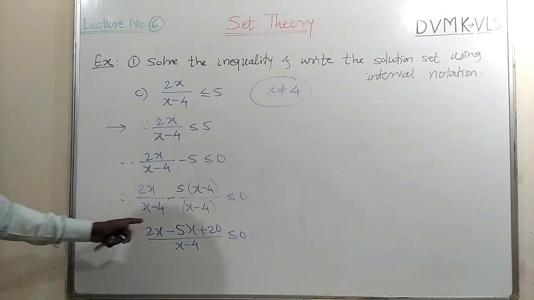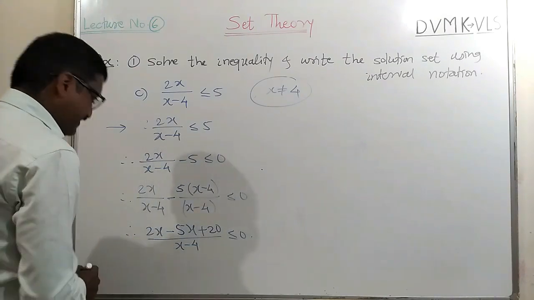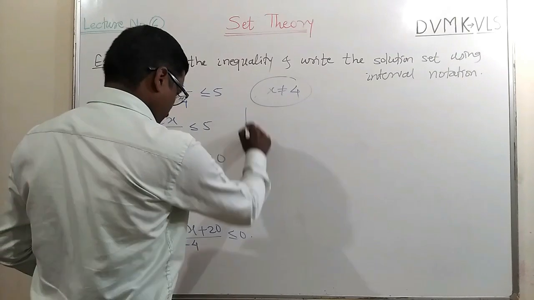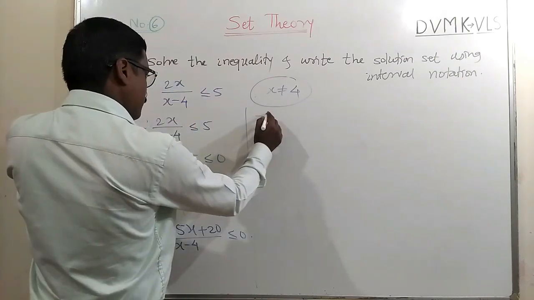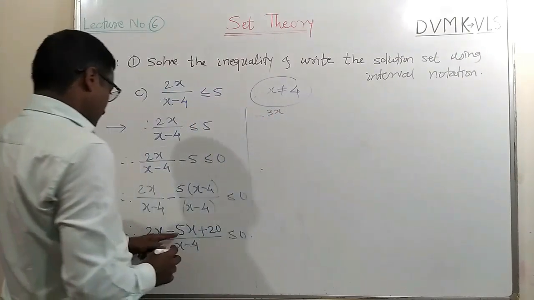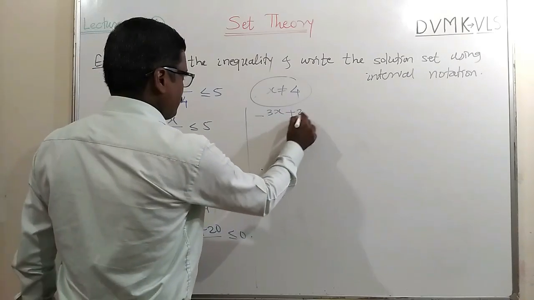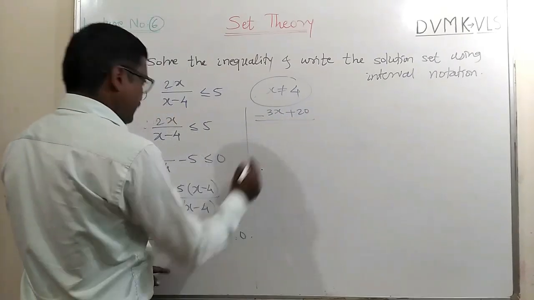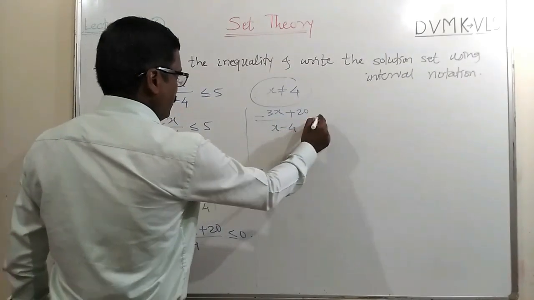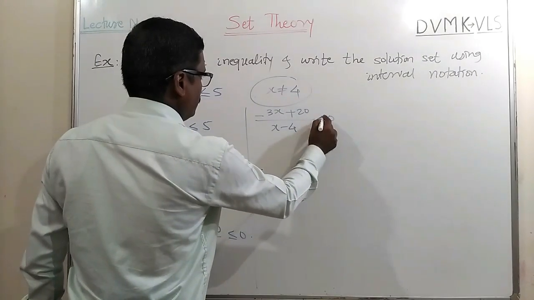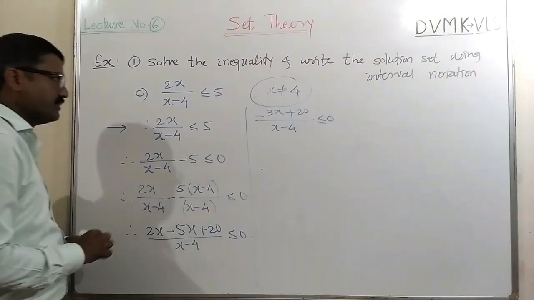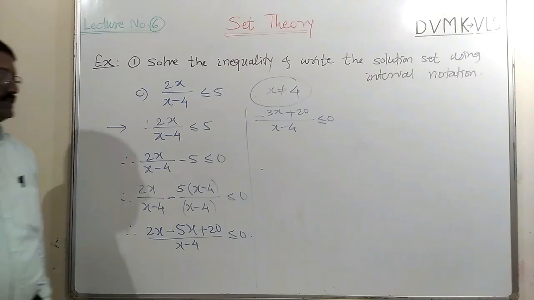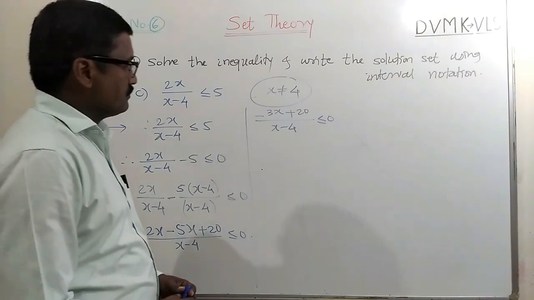So at this stage we get (2x minus 5, that is minus 3x plus 20) whole divided by x minus 4, which is less than or equal to 0. Okay, so this inequality we get.